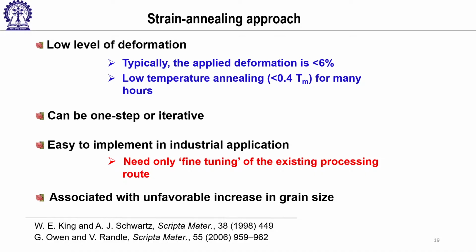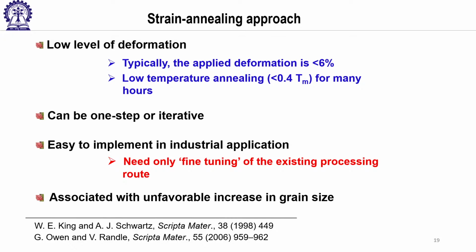So strain annealing is basically low levels of deformation, typically less than 6%, and then a long annealing duration. But this is often difficult to implement, because long annealing time may lead to production cost, but it has an advantage, because small deformation one can easily accommodate.